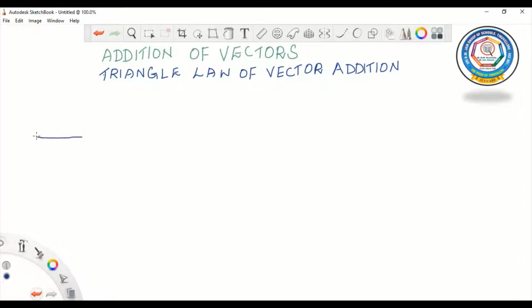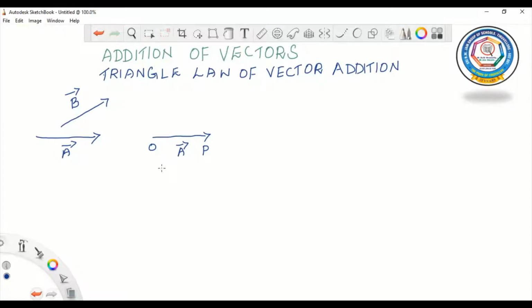Let us consider A be one vector and B be another vector. So according to this triangle law of vector addition, we are going to take this OP as one vector, that is A vector, and the other vector.